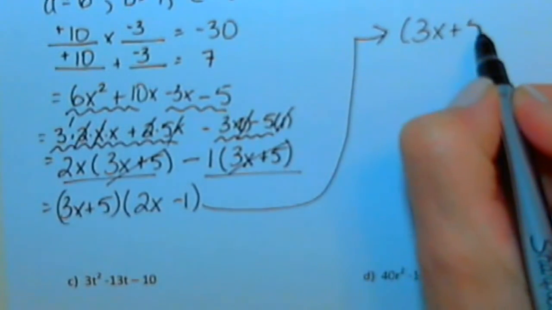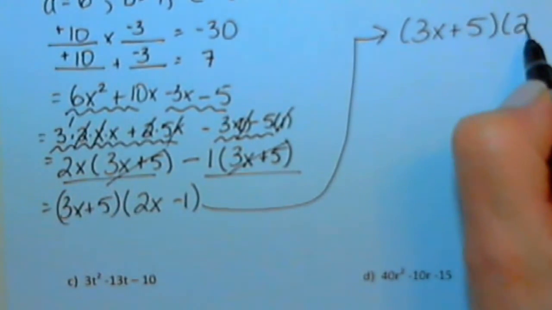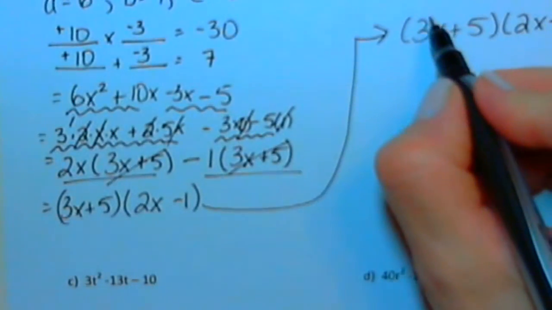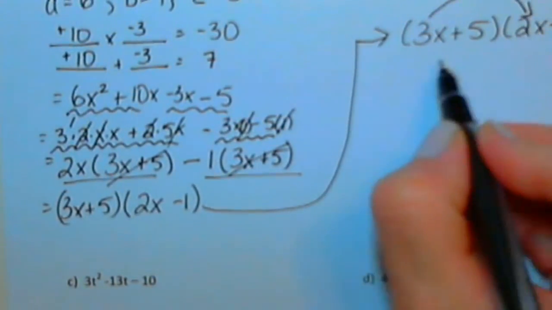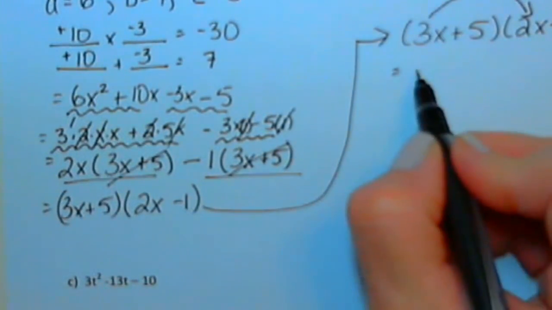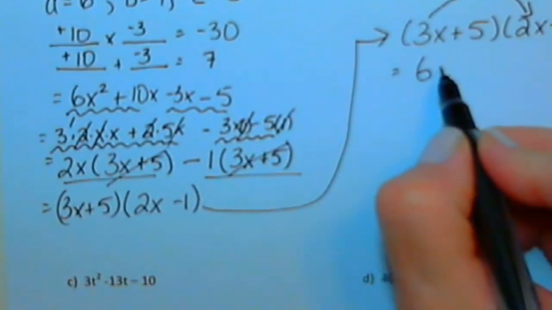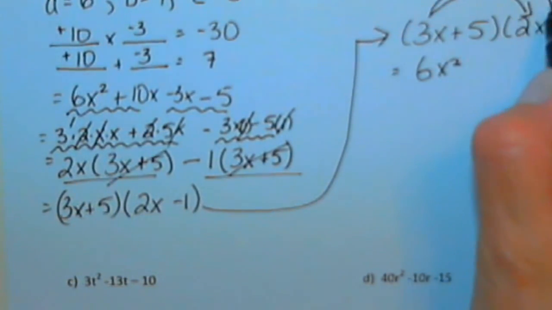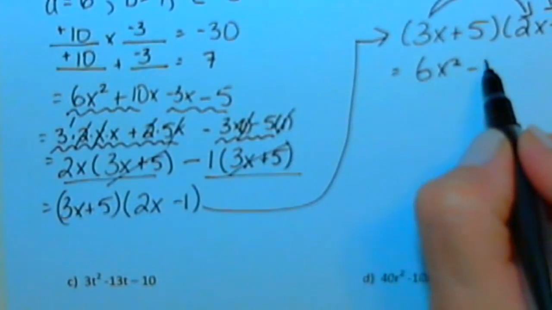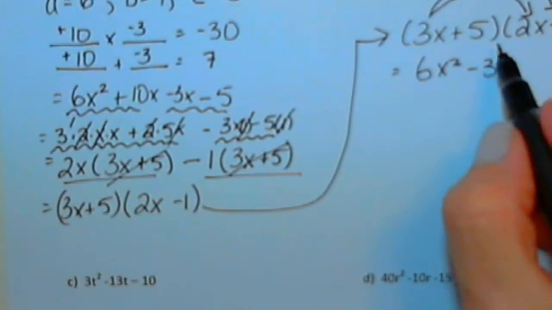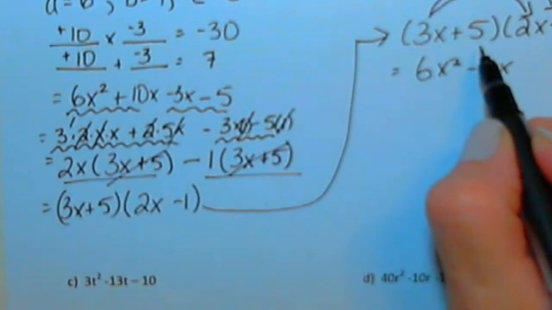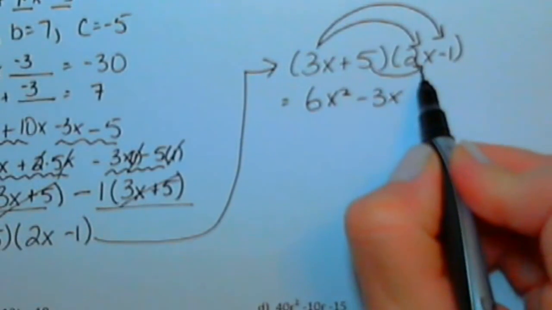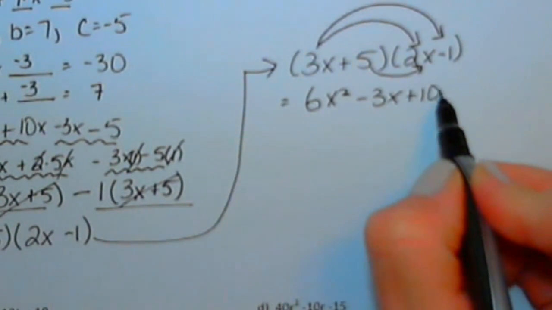3x plus 5, bracket 2x minus 1. You're going to multiply the 3x by the 2x. 3 times 2 is 6, x times x is x squared. Then you take the 3x and you multiply it by the negative 1, which is negative 3x. Then you take the 5 and you multiply by the 2x and you get plus 10x.